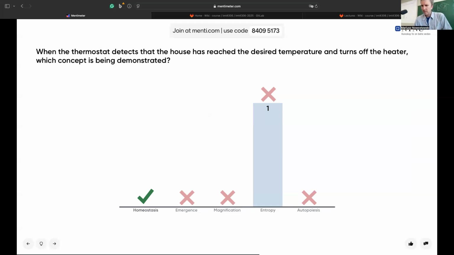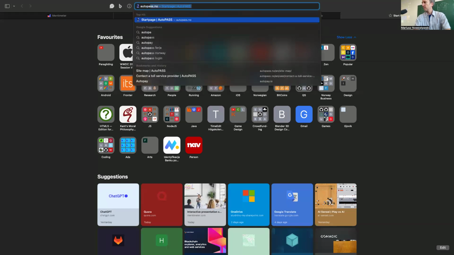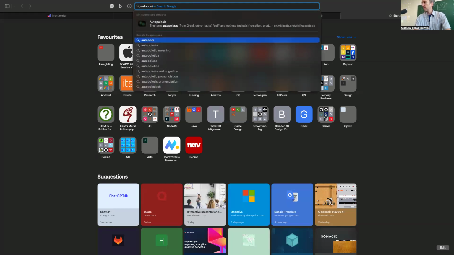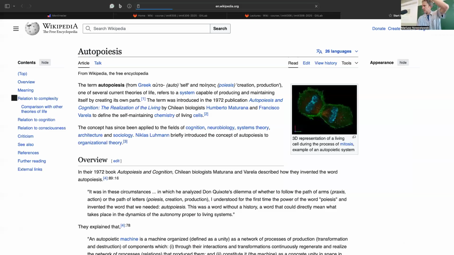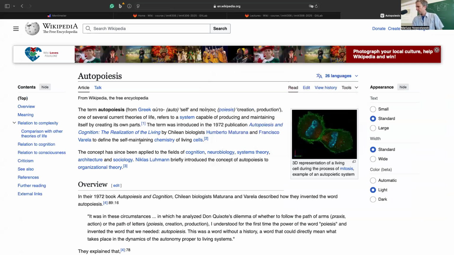All right, it's quite a complicated topic, and it has been developed by some biologists and chemistry experts.